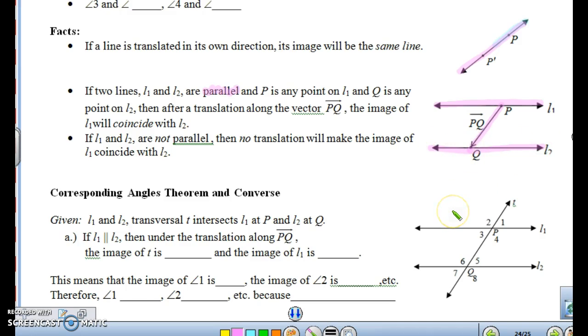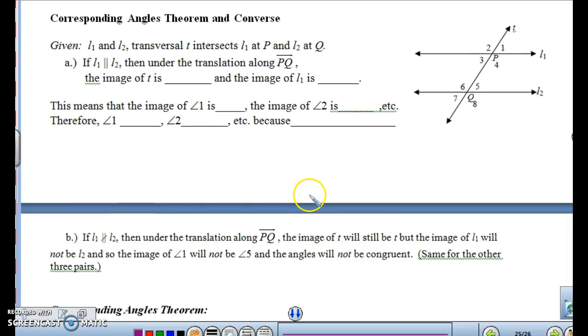That brings us to some important points about the angles that are formed. Let's go back to the corresponding angles again. We are going to look at what happens with corresponding angles when the lines are parallel. We are given L1 and L2 are two lines, and transversal T intersects L1 at P and L2 at Q. So this T comes down and hits here.